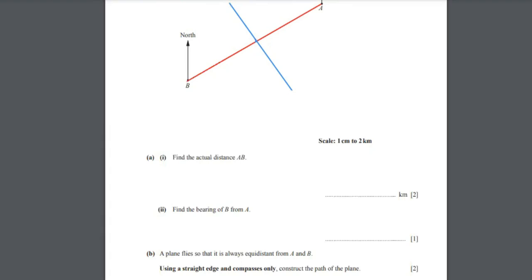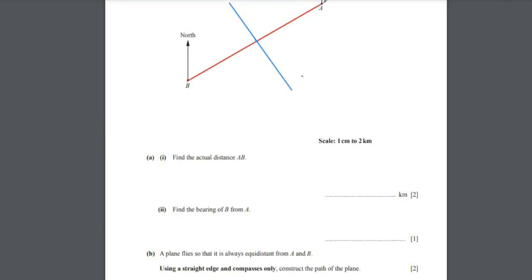So how will you construct that? You will obviously use your tools, compass and pencil, and you will draw the arcs. You will open the compass with an opening of more than half of this distance.